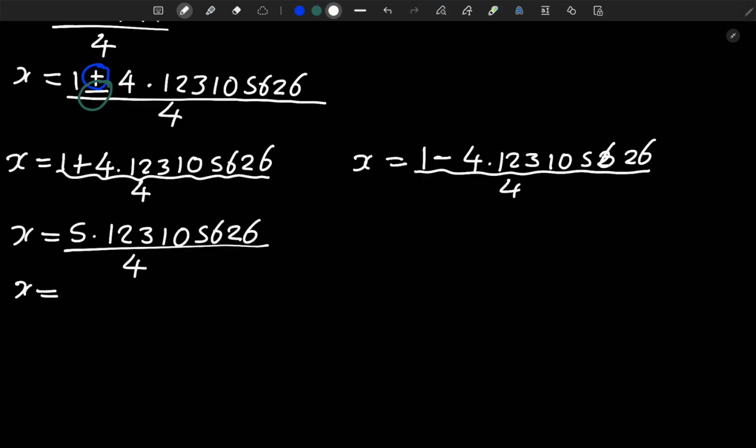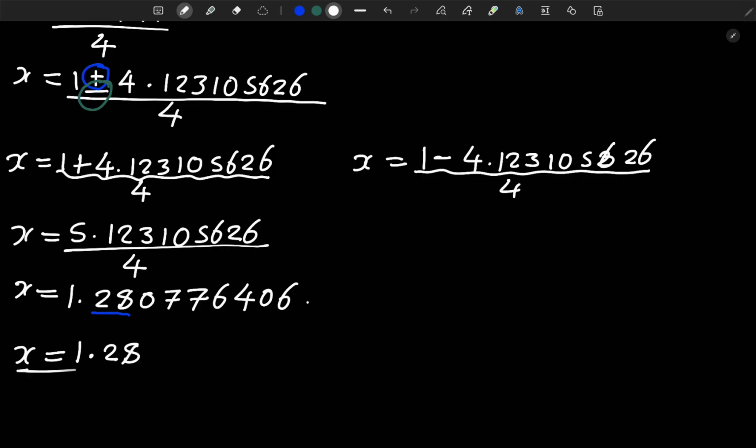Then divided by 4, I'm getting 1.280776406. Now you need to remember that we are told to give our answers correct to 2 decimal places. So at this point we only need two numbers after the decimal. So you can now say x is equal to 1.28. We are not going to get anything from 0 because 0 is less than 5. So we move on to the other equation.